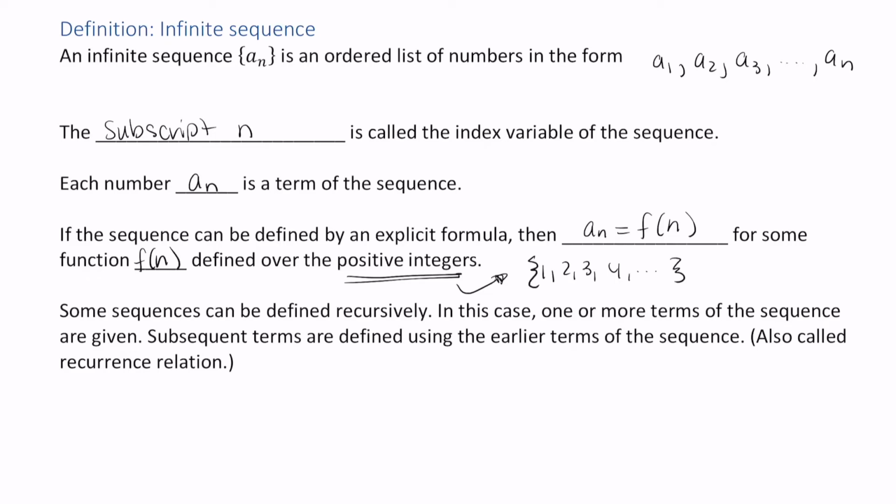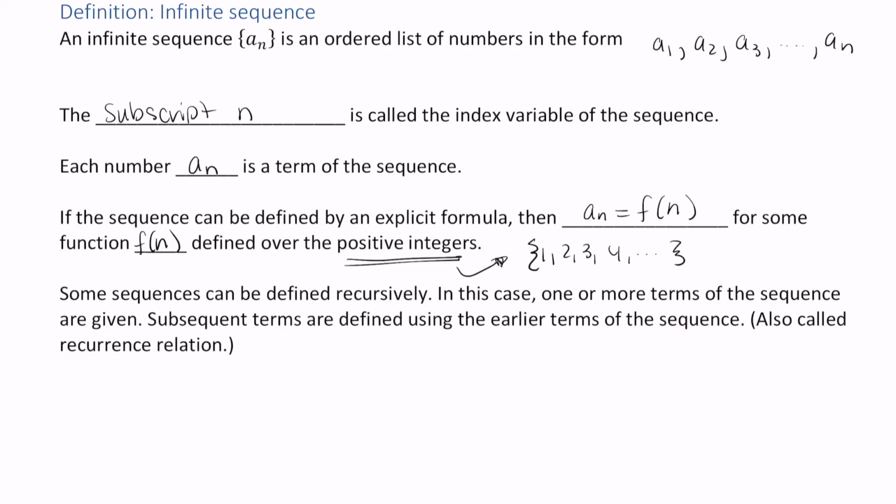Some sequences can be defined recursively. In this case, one or more of the terms are given. Subsequent terms are defined using earlier terms of the sequence. This is also called a recurrence relation. Probably the most famous recursive sequence is the Fibonacci sequence, and it's defined as follows. We say the first term, a1, equals 1.